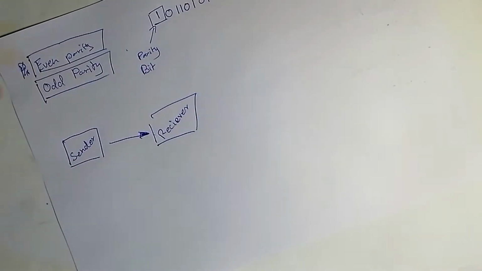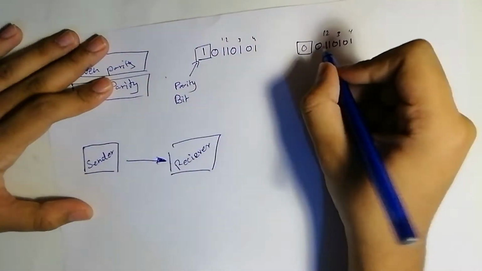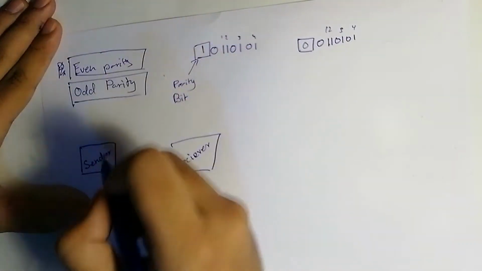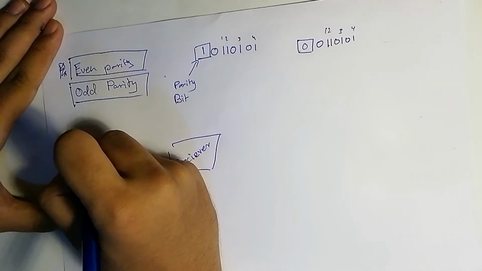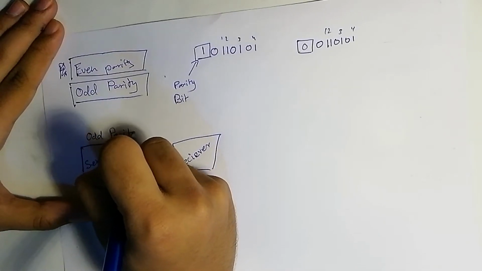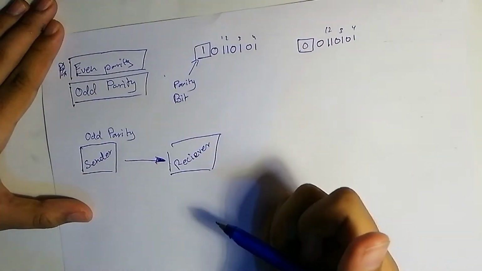This is the sender sending data to the receiver, because that's obviously what's supposed to happen. Let's say they're sending this again, and also let's say these guys agreed on odd parity. They already agreed beforehand that they will use odd parity.